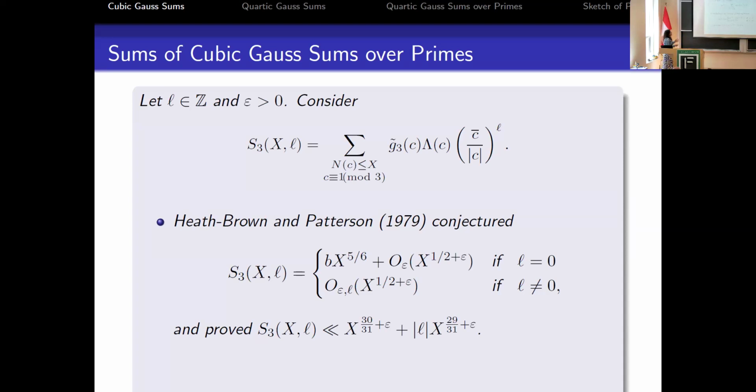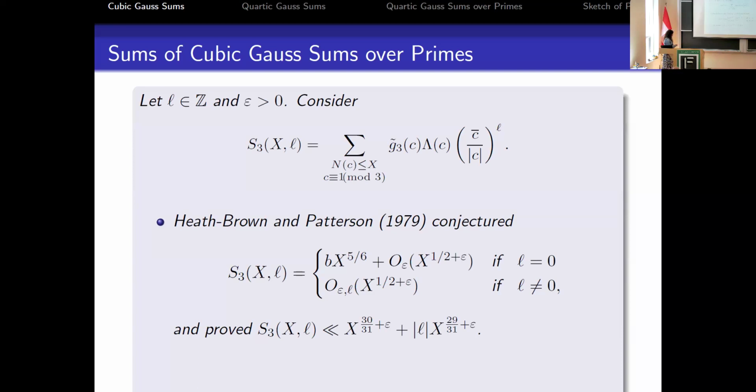So this x to the 5 over 6 expresses the bias of these values towards being positive. They didn't show this in their paper, but what they were able to show is that the sum is less than x to the 30 over 31 plus epsilon, when L is 0, and when L is not 0 you get that extra term.